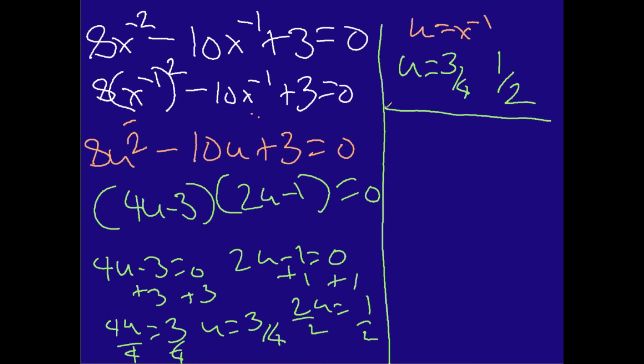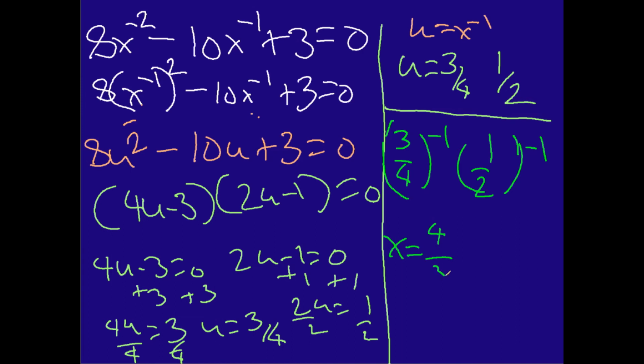So now what we have is 3 over 4 to the negative 1, and we also have 1 over 2 to the negative 1. Now this one's easy, because when you raise a fraction to the negative 1, you just find the reciprocal. So in other words, x equals 4 over 3, or x equals 2. That's it. We're done. And again, you can check this if you want by graphing the equation as well.